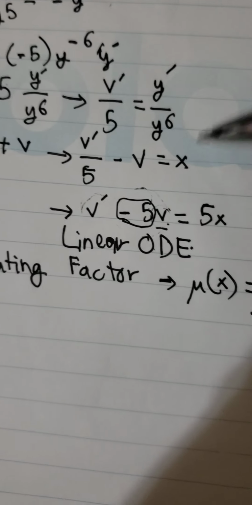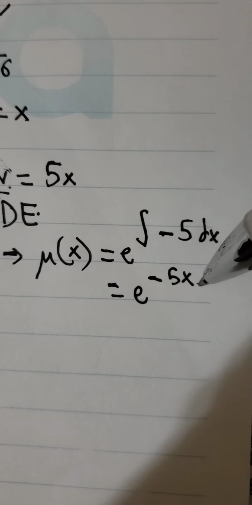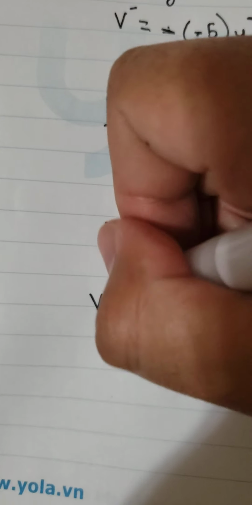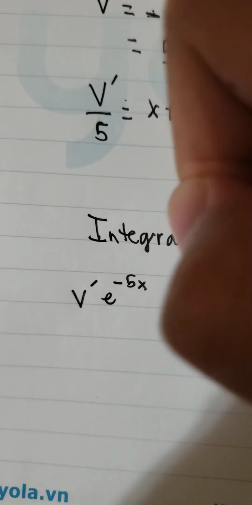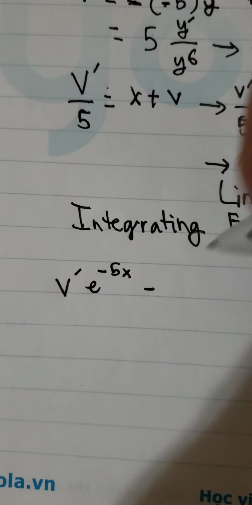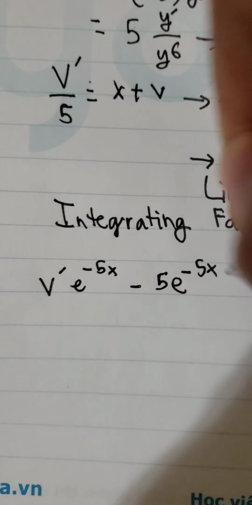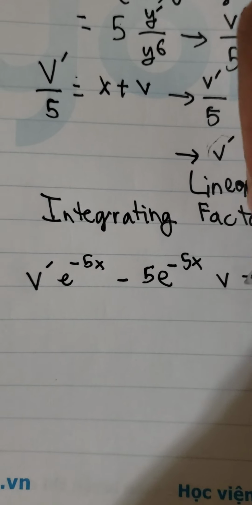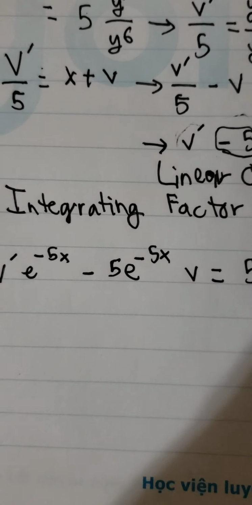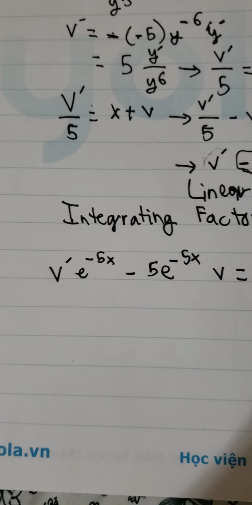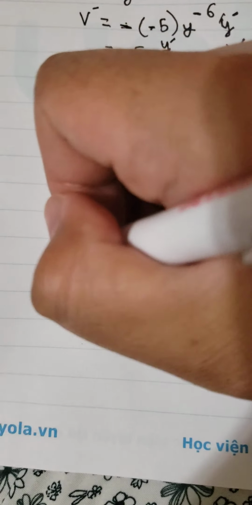And now we multiply both sides by e to the power of negative 5s in here. Now we put the integration on both sides.